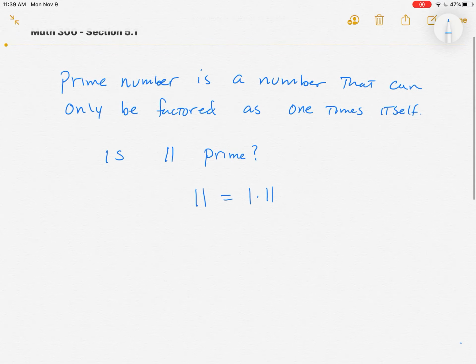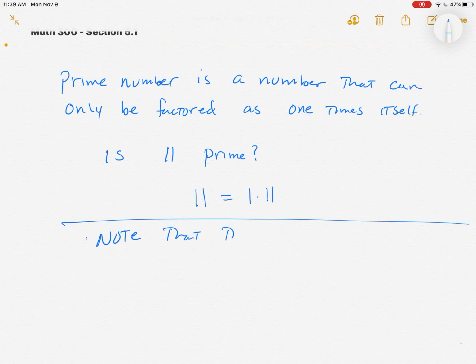So as we start to think about the primes, the one number that they will not consider to be prime or composite is 1. So we should note that the number 1 is special.